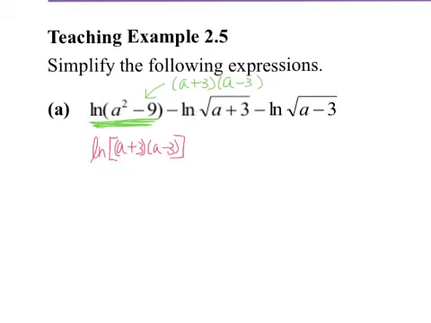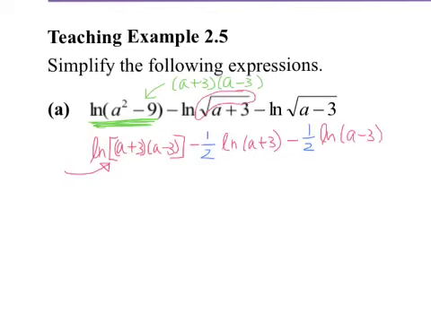When we write it, I suggest you write a square bracket. Please write a square bracket. We convert the square root into 1/2 in front of the ln a plus 3.